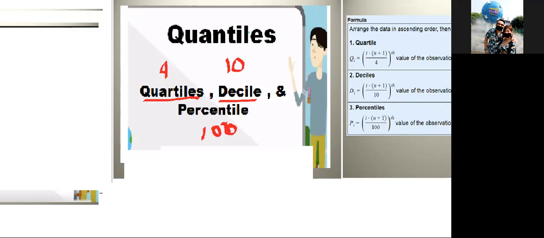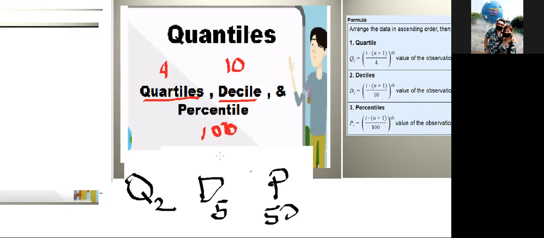So median is equal to quartile number 2, or the second quartile, the 5th decile, and the 50th percentile. Okay, so let's just move on.